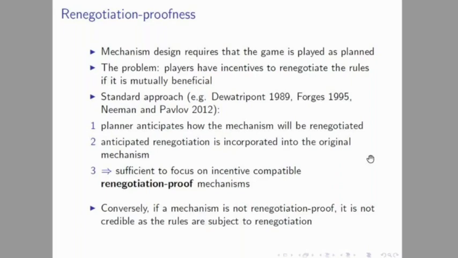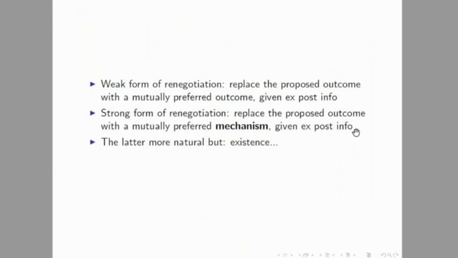So that's why the objective of these papers was to focus on what the criterion is, what it means that we impose this additional criterion of renegotiation proofness on mechanisms. There are a couple of versions of renegotiation that we may want to think about.